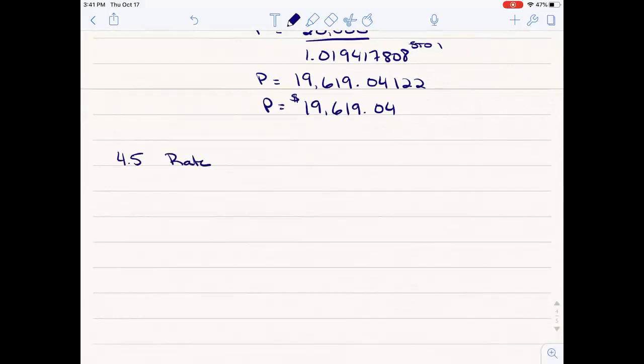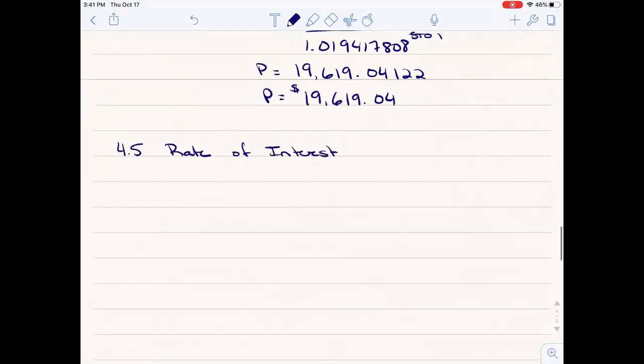So section 4.5 is the rate of interest and term of investments. Which is T, right? And the rate of interest is R.